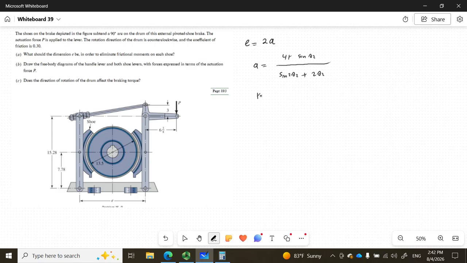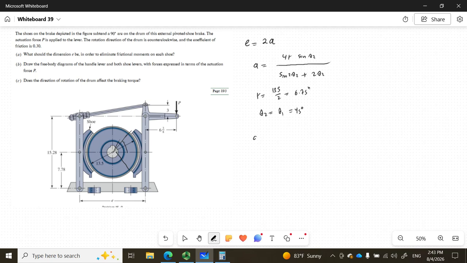R, the radius of the drum, is 13.5 divided by 2, so it will be about 6.75 inches. Theta 2, let me show it to you. This is theta 1, this is theta 2. Theta 2 is equal to theta 1, they are 45 degrees. But when you use this formula, we have to make sure that those are in radians.